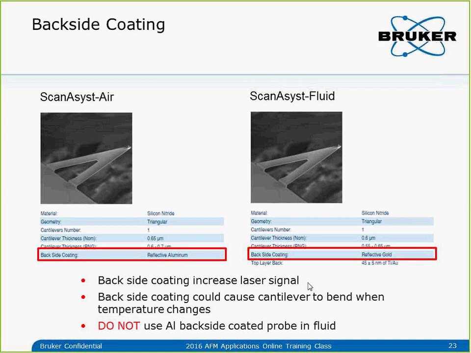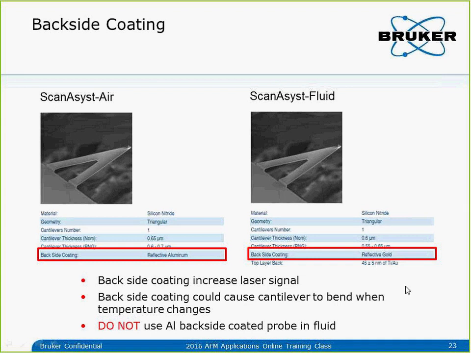If you have some acid, it can dissolve the aluminum. If you use a probe with aluminum coating in the EC, very likely you're going to dissolve the coating and you will see a transparent cantilever. So in those cases, you need to use a cantilever with a gold backside coating.